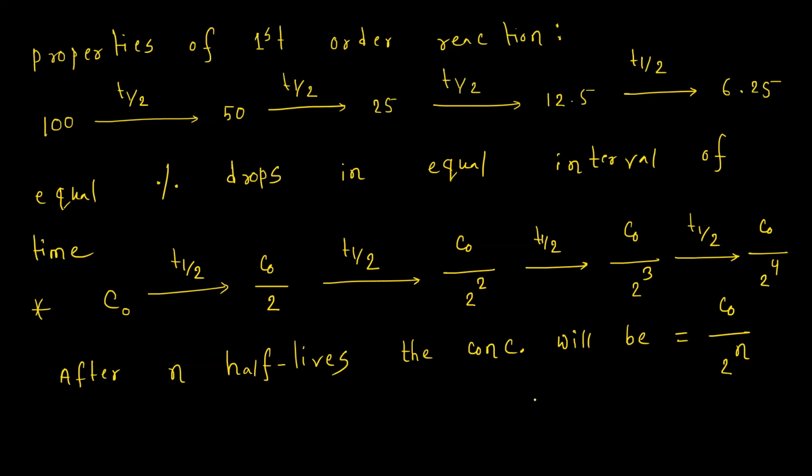Now, let's take the expression rate constant K is equal to 1 by T ln initial concentration upon final concentration.